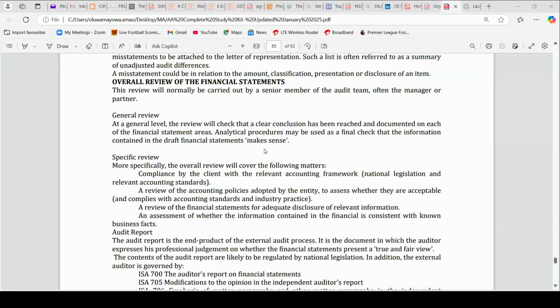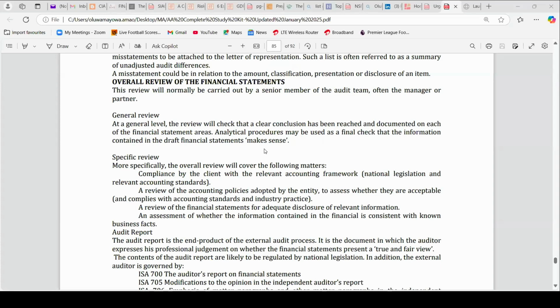Because it's one thing for a financial statement to be prepared. It's another thing for it to make sense, because these are what investors are looking at. How come the financial statement of this particular company, in the whole of the industry, is the one making 100% return? Those are the things the auditor will look at generally. But specifically, he is looking at the accounting framework that the client is using.